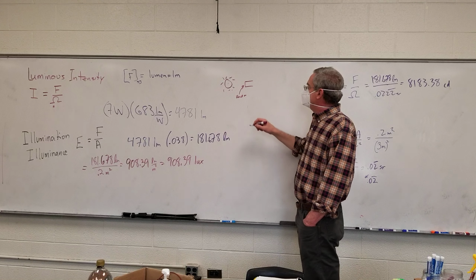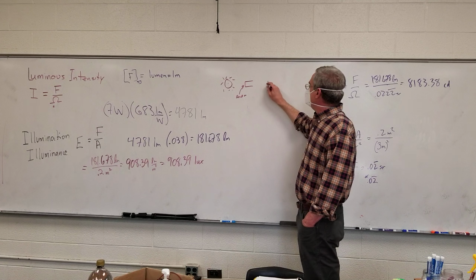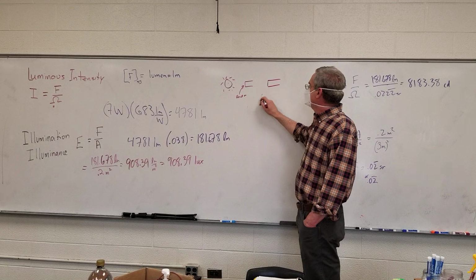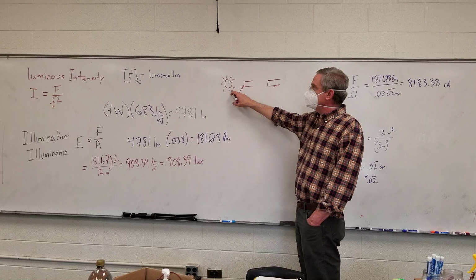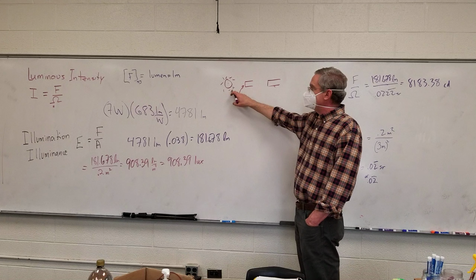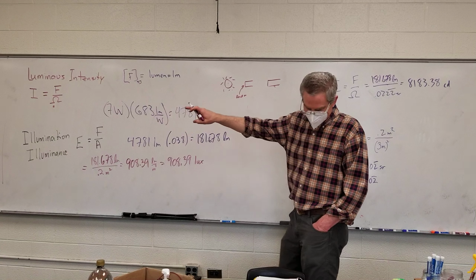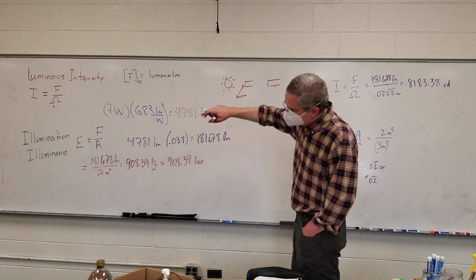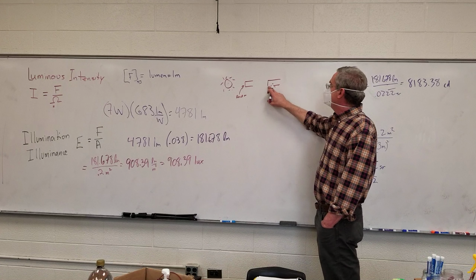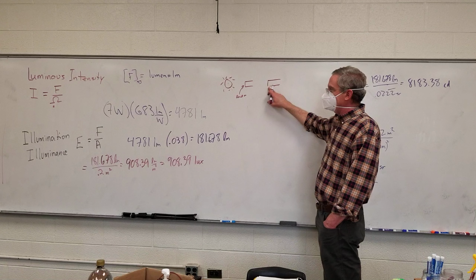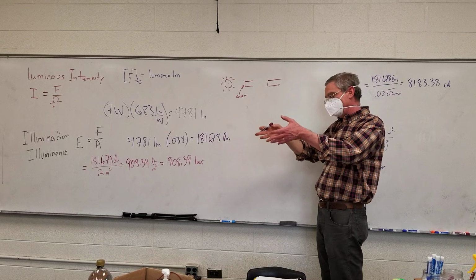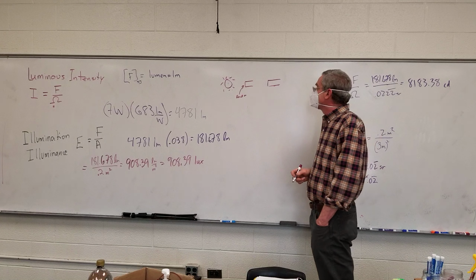As I move that sensor back, that area is still the same. The luminous intensity, make sure I'm doing it in the right place here. It is F over A, okay. My area stays the same, and so the amount of light that hits it is going to drop off as I'm moving back.